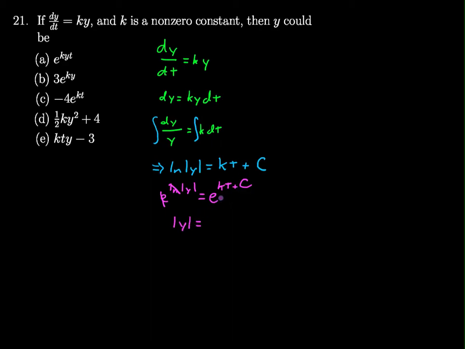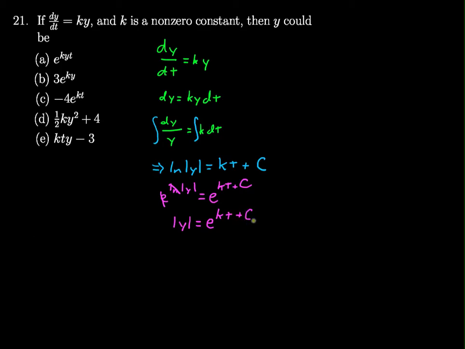Over here, let's leave it at this for now. We'll have to do a few things over here, and we'll have to take care of these absolute values. So e to the kt plus c. Now, we don't like this plus c here.